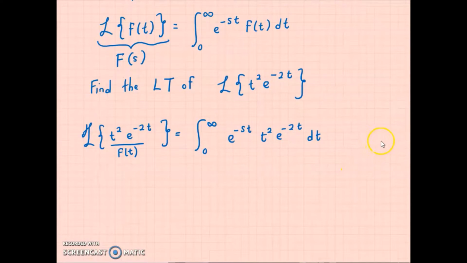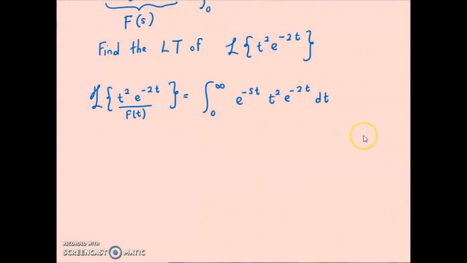Before you do anything, let's simplify this. So I can write this as the integral from 0 to infinity of t squared e^(-(s+2)t) dt. You just factor it out.